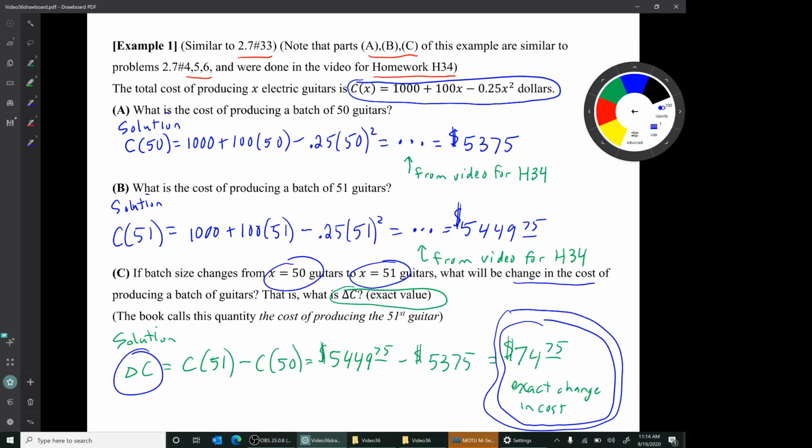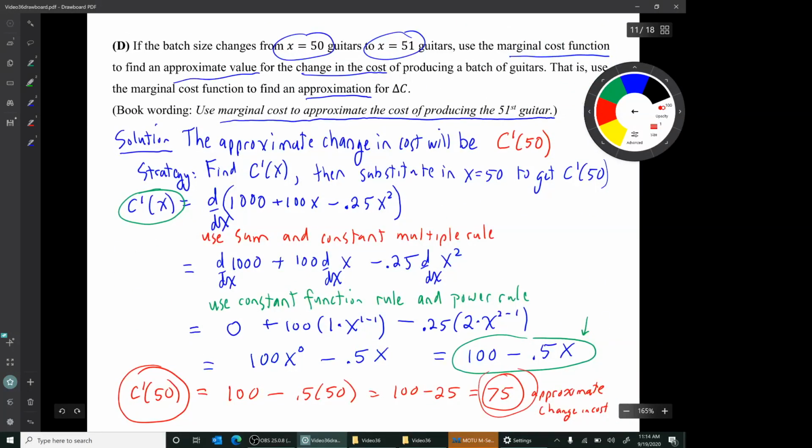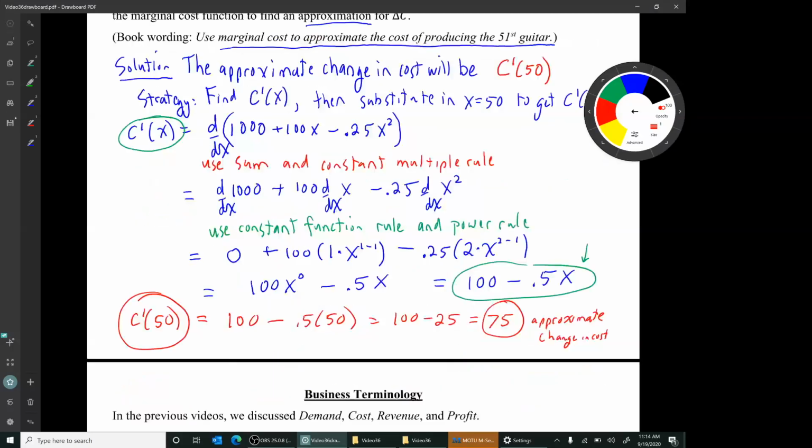So it's the exact change in the sense that we use this formula for the cost in an exact way, but that formula already had some approximations in it. So the idea that this result would be somehow better than this approximate result is not really true. They're both approximations in some sense. So the idea of approximating quantities by using marginal quantities is very attractive.